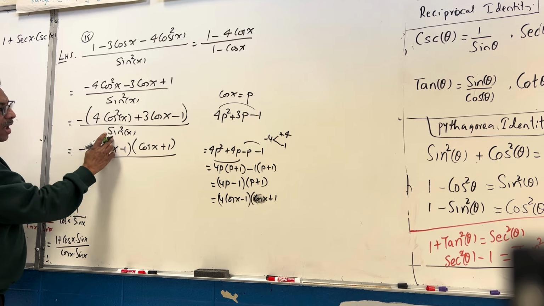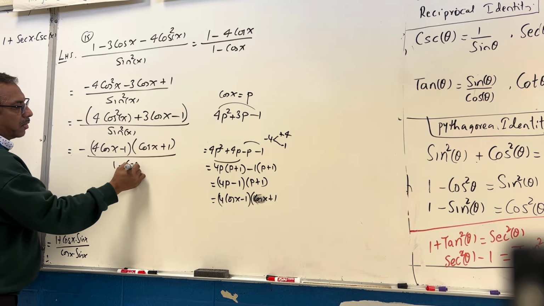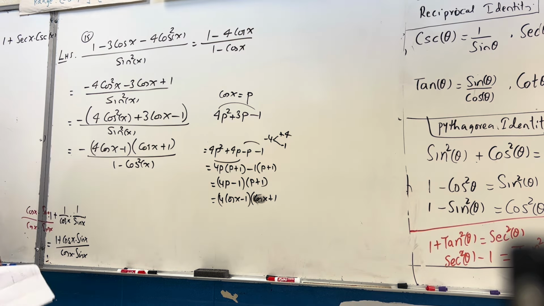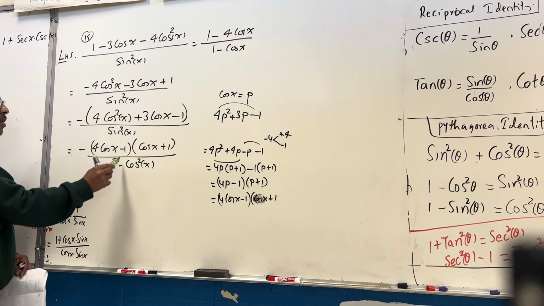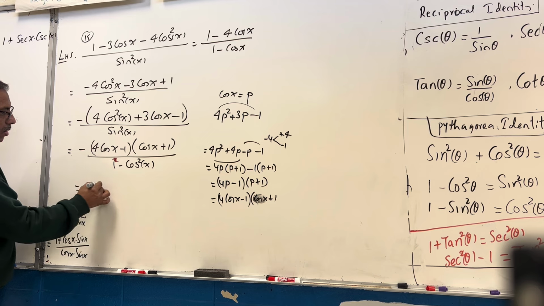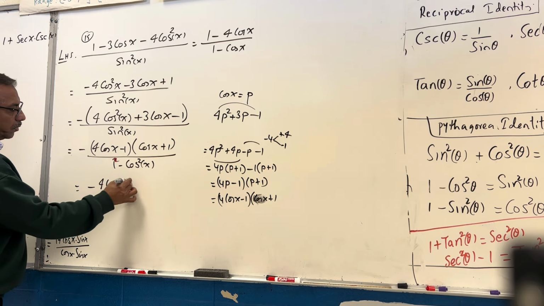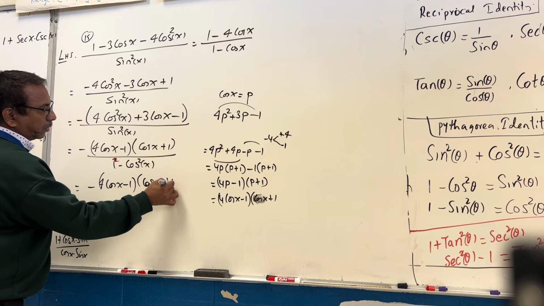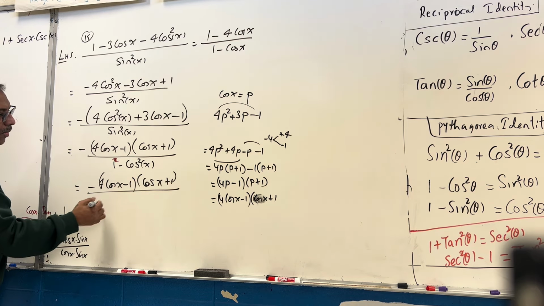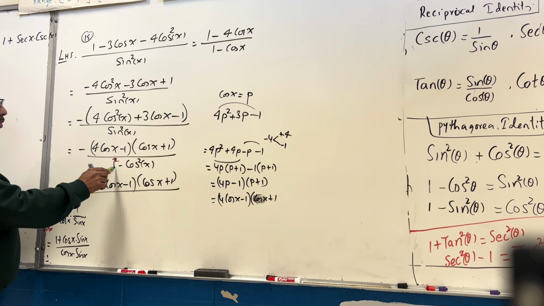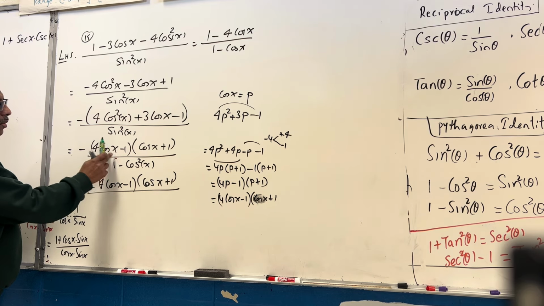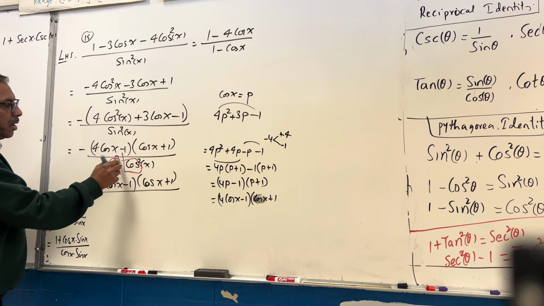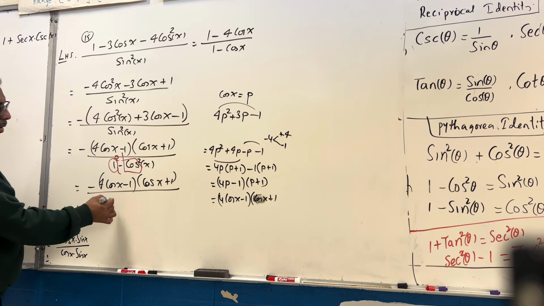The denominator sine square is the same as 1 minus cosine square by the Pythagorean identity, which we can treat with the difference of squares, 1 square minus cosine square of x. So this is of the form a square minus b square, which is a plus b times a minus b.